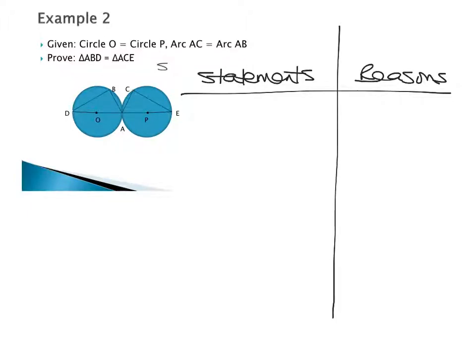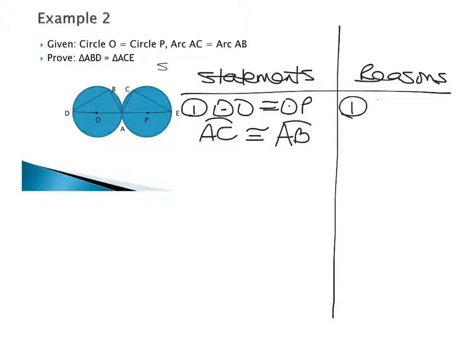All right, so the first statement is going to be our given information. So we have circle O congruent to circle P. We also have arc AC congruent to arc AB, and that's given.